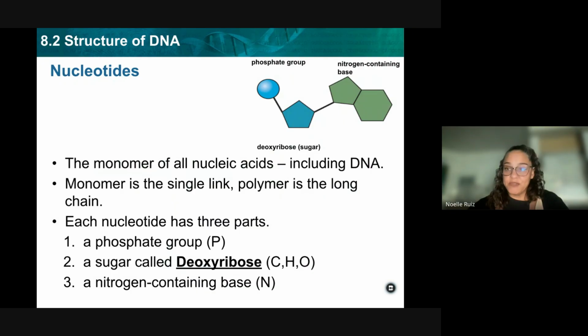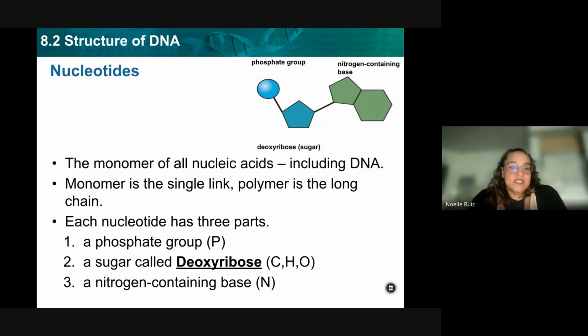You also learned in chapter 2 that nucleic acids are polymers, and the monomers, the small links that make up those polymers, are called nucleotides. So the monomer of all nucleic acids, including DNA, is called a nucleotide.